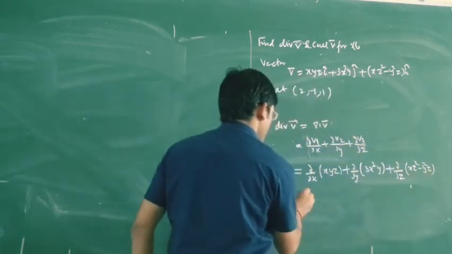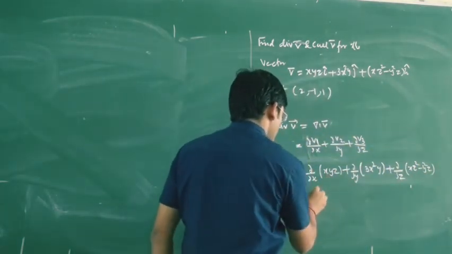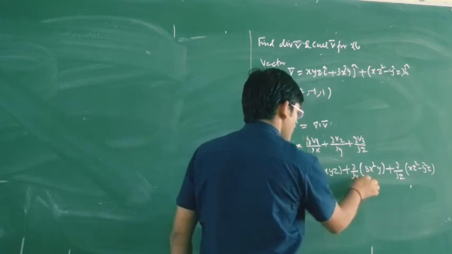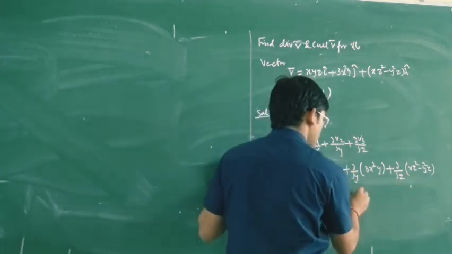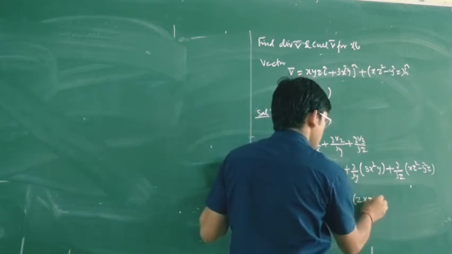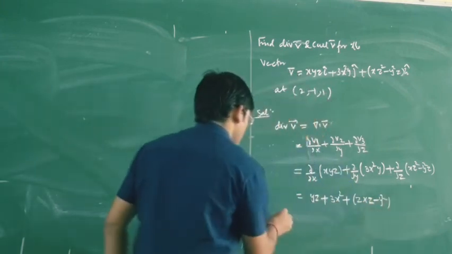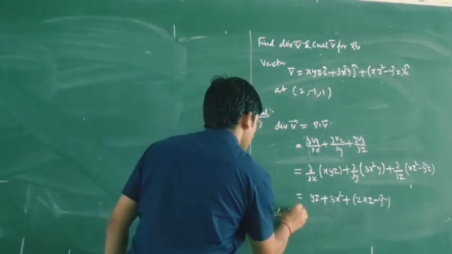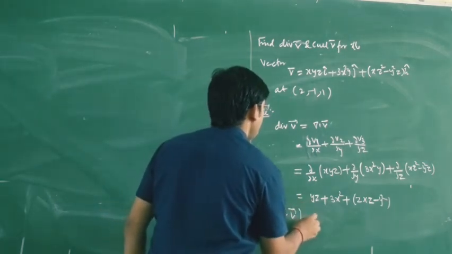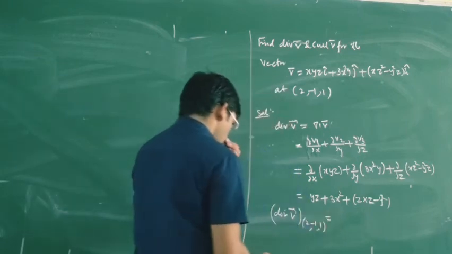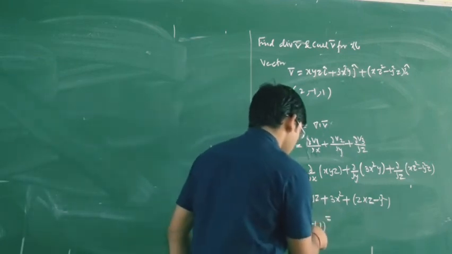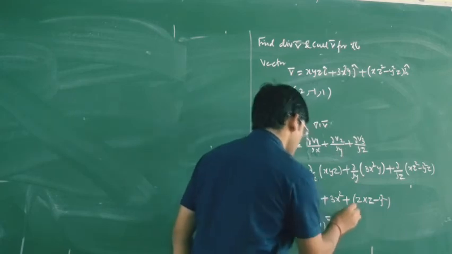So this is equal to, partial differentiation with respect to x will give you yz. From here we will have 3x square, and differentiation with respect to z will give 2xz minus y square. So the value of divergence V at the point (2, -1, 1): x is 2, y is minus 1 and z is 1, so this will be minus 1.